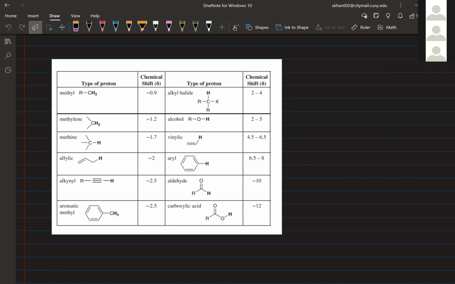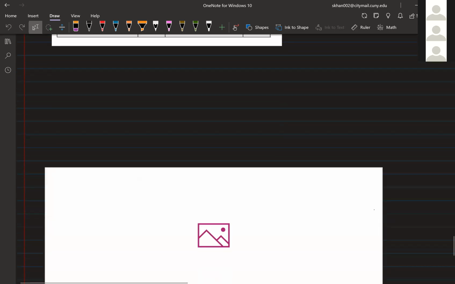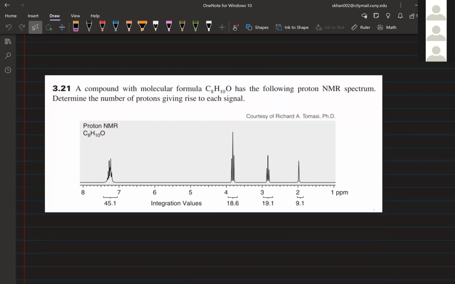So here, that loads up. Here we go. So the first thing was equivalence. We did number of signals. We did location of the signals, which was the ppm, the chemical shift. And now this is how many protons are under a signal, right?